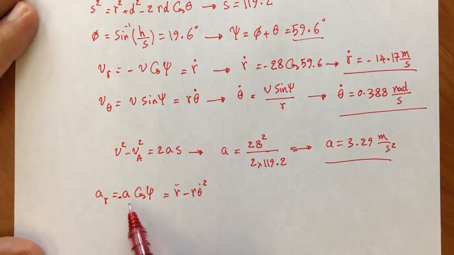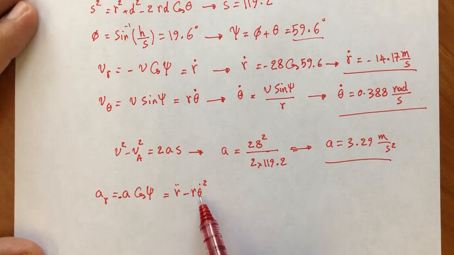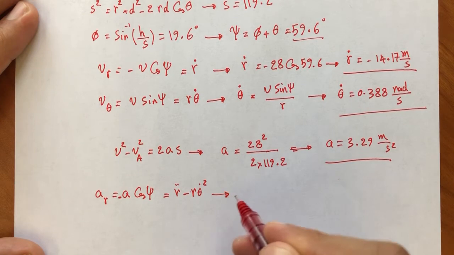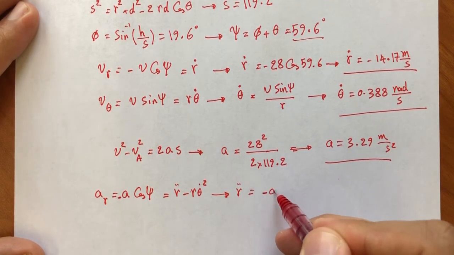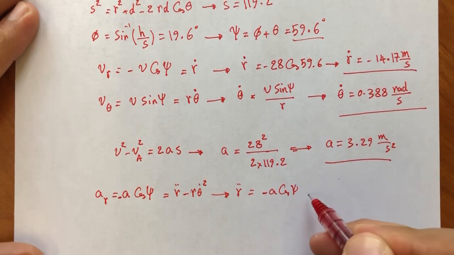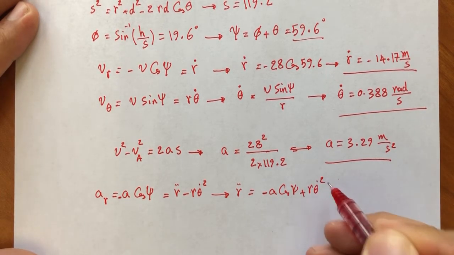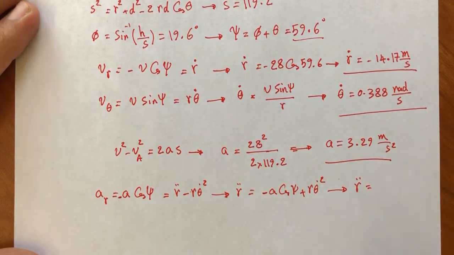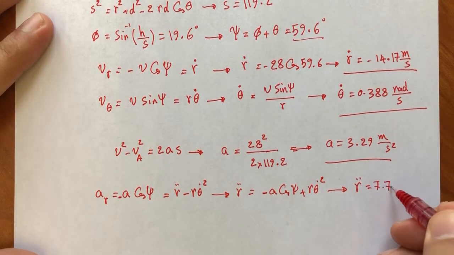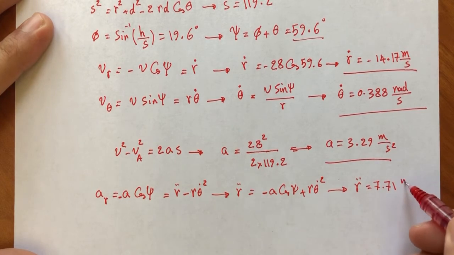I know acceleration now, I know what is psi, r, theta dot, I know all of them. So I can find r double dot. R double dot is going to be negative a times cosine of psi plus r theta dot squared, which is going to be equal to 7.71 meter per second square.